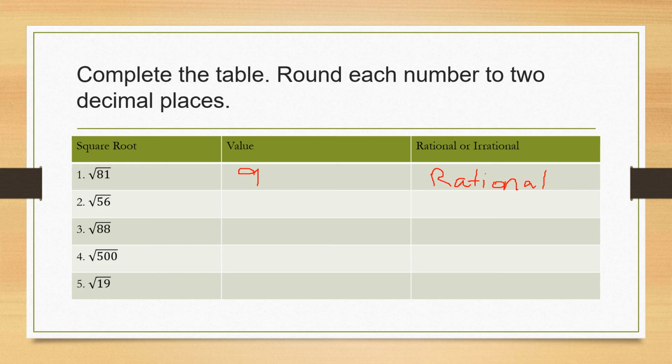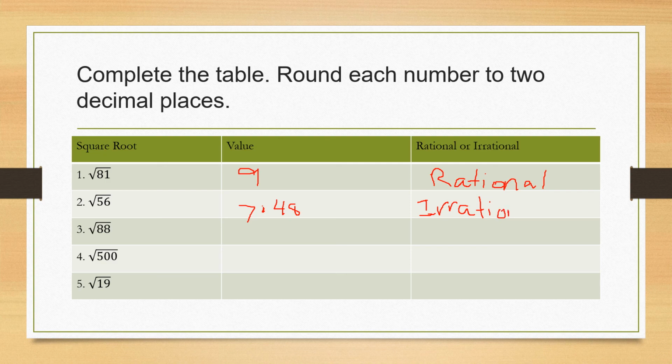Next, the square root of 56. The square root of 56, using your calculator, rounded to two decimal places, is 7.48. Is that rational or irrational? So this is irrational, because it's not a perfect square and it is non-terminating.